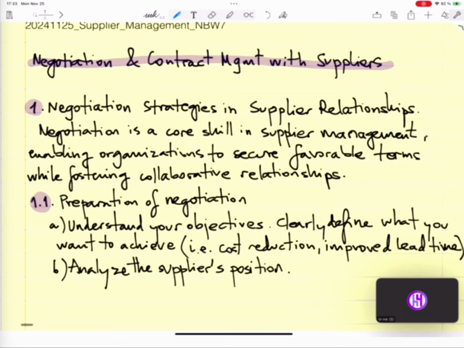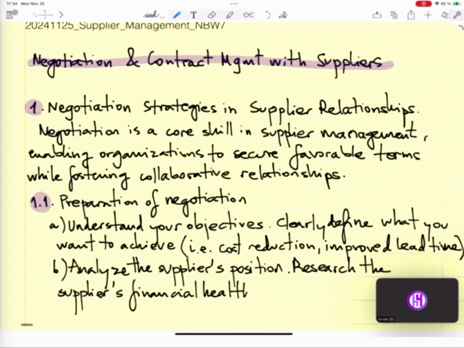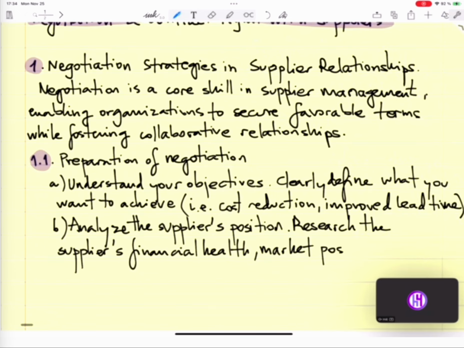Analyze their goals, research the supplier's financial health, the market position, and dependency on your business.